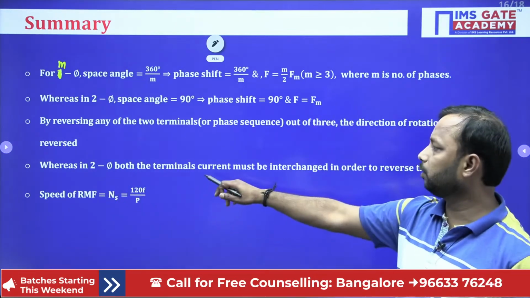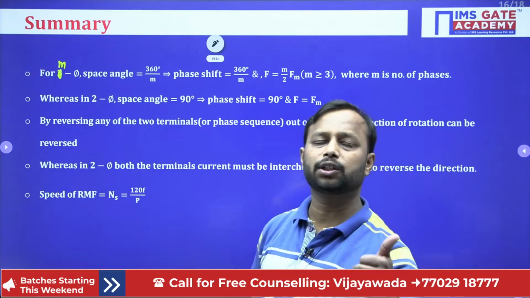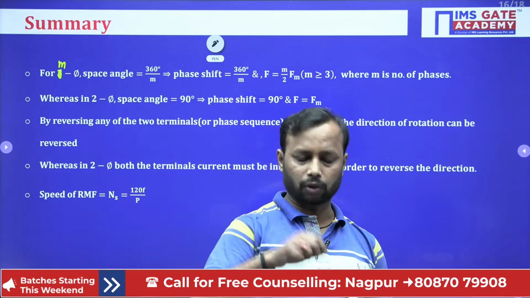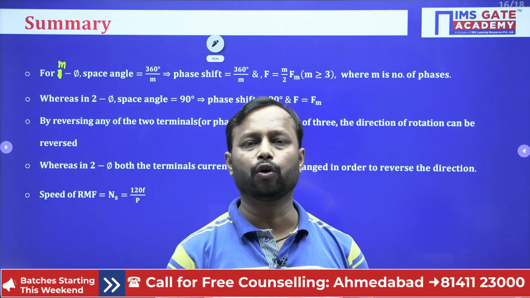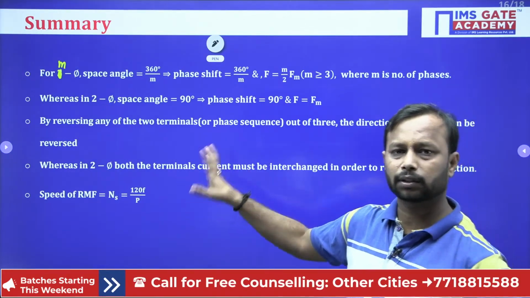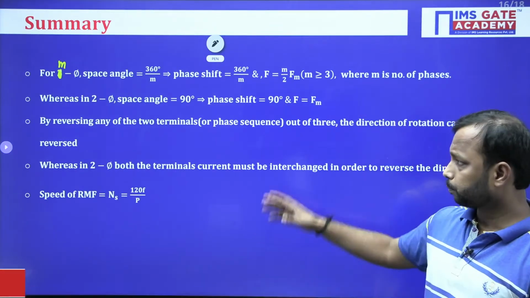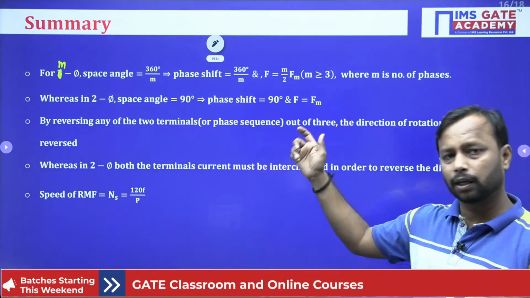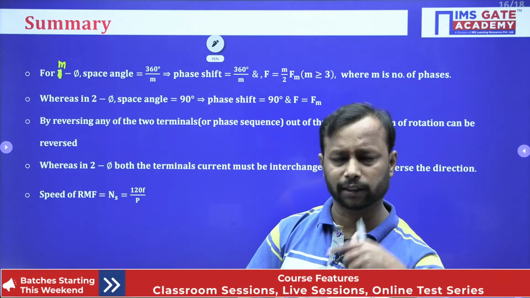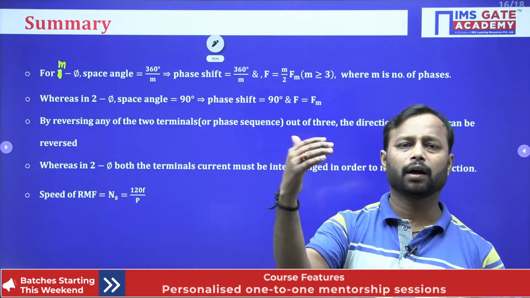Whereas in the two phase, both terminals have to be interchanged or swapped, then only the direction of rotation of the magnetic field will be reversed. Anyway, this we will see in the last lecture, that is the two phase. But as of now, I have given you some idea. So try to remember all this, because you may directly get a 1 mark question in the GATE exam as well as in other state or AE kind of exams.